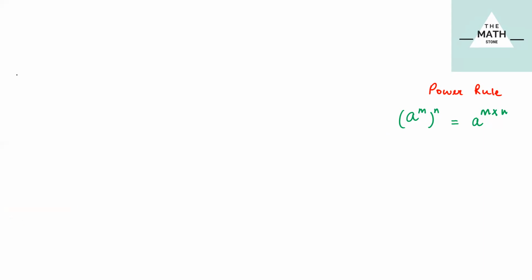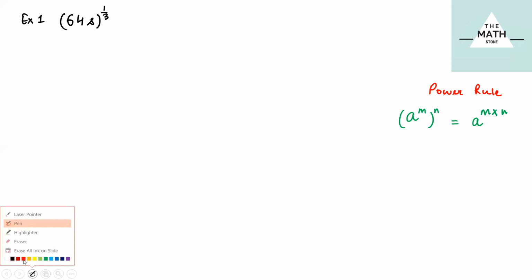So let's take an example. Let's say we have 64 times s, and this thing is raised to the exponent 1 over 3. One more rule I want to write out over here.